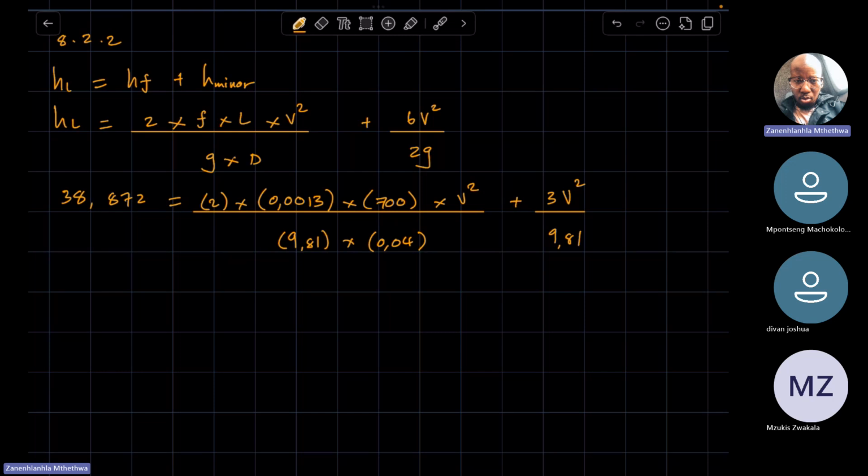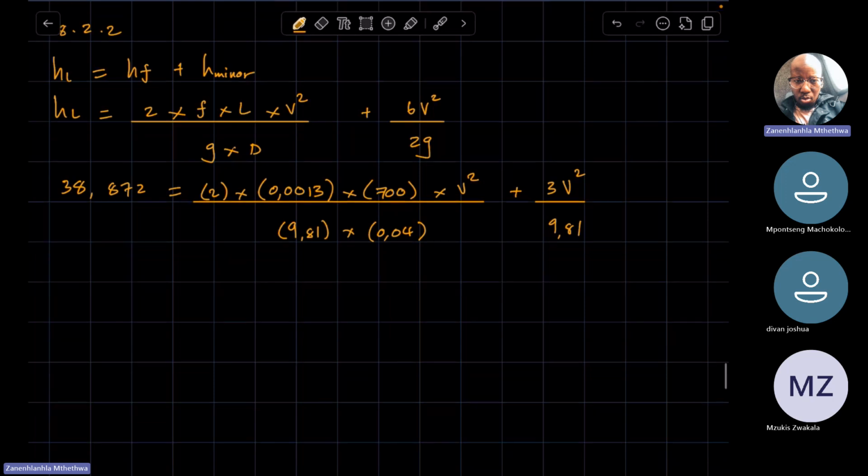Right. Now, here we have 38,872 is equal to, and then these are like terms, so we can add them. You have 2 times 0.0013 times 700 divided by 9,81 times 0.04, plus the 3 over 9,81.